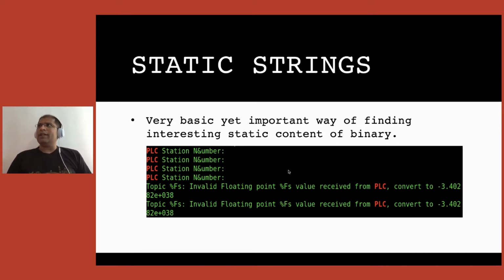You can see in the output itself, it is revealing the string in red saying PLC station number or value received from PLC or something. So let me quickly cover the dynamic strings as well, and then I'll combine the demo for static and dynamic at the same time.